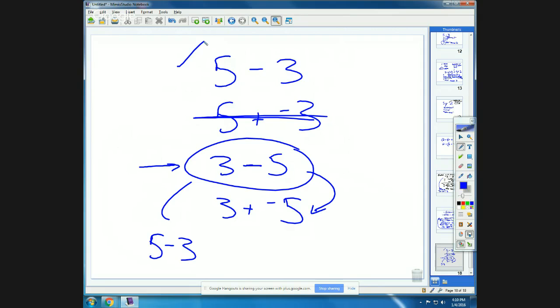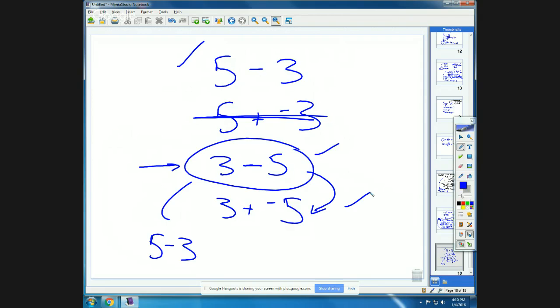Some people like writing it this way, some people like rewriting it that way. Is it a good idea to show kids multiple ways to do it? It is, but that's the blessing and the curse of math, because if you just go one way, a lot of people aren't going to get it. And they'll complain, my teacher showed me and I didn't get it and it didn't help me.